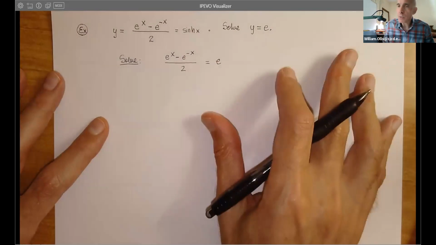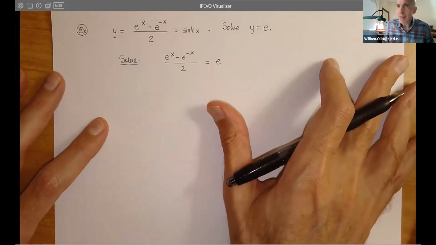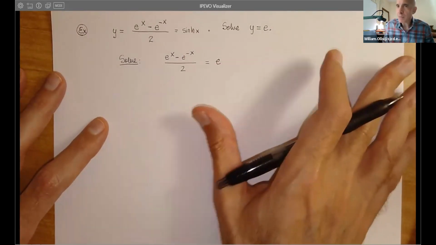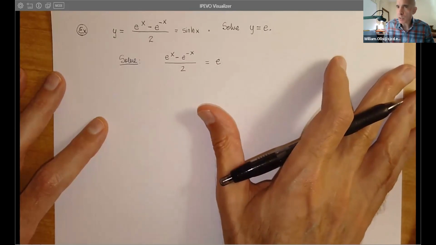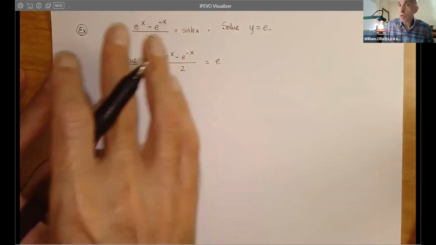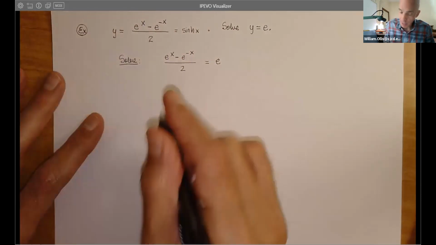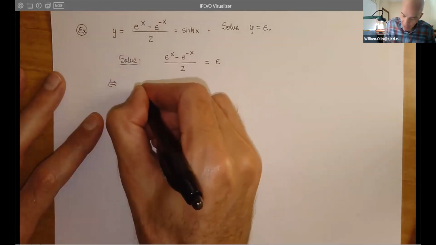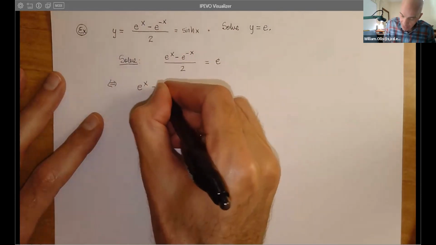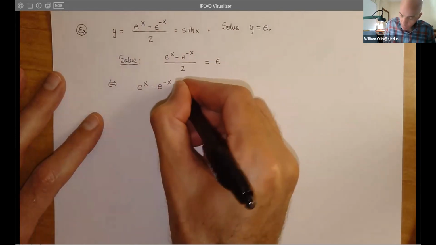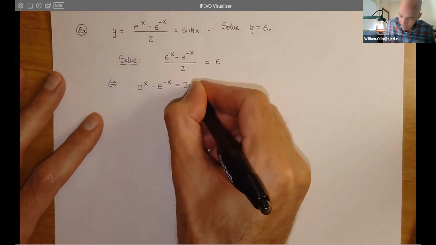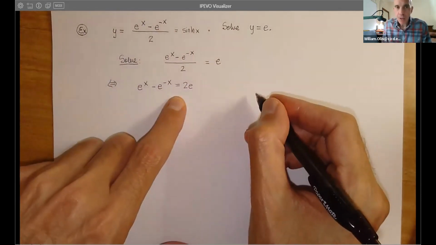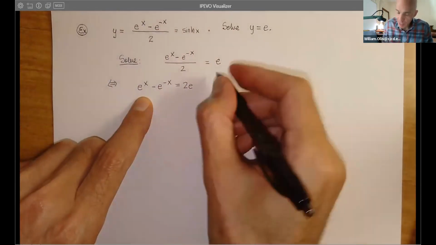And let me give you some advice as to the type of technique which can be very useful to you. And it will also cover a type of equation that we've done today. So equivalently, we have e to the x minus e to the negative x equals 2e. Now, if you like, let's put everything on one side of the equation.